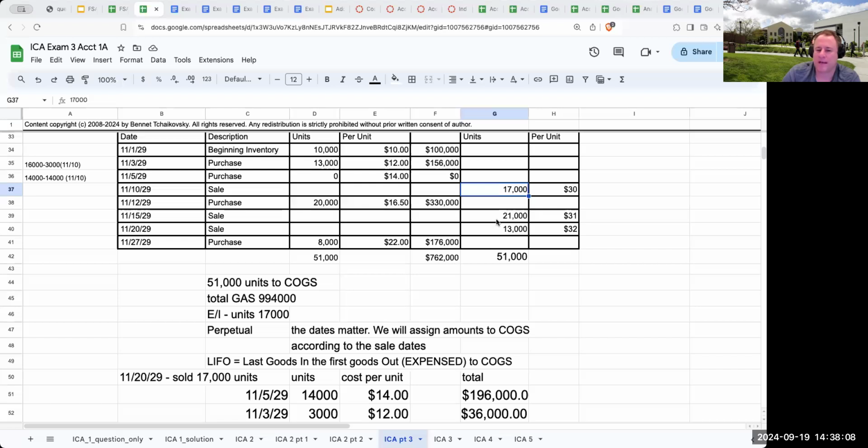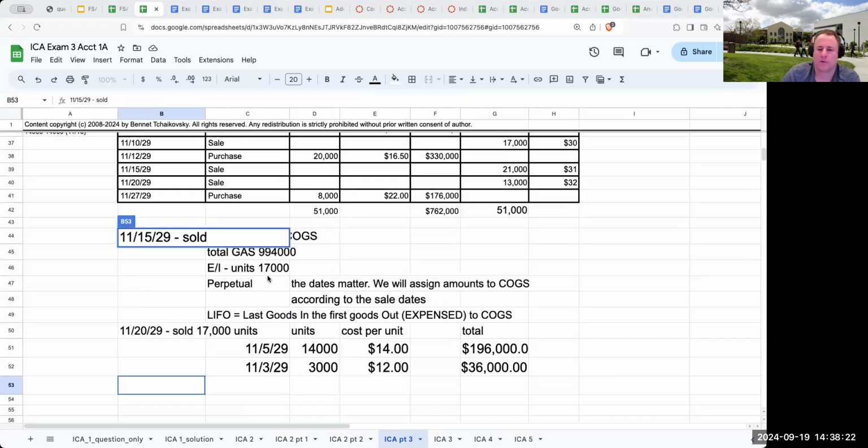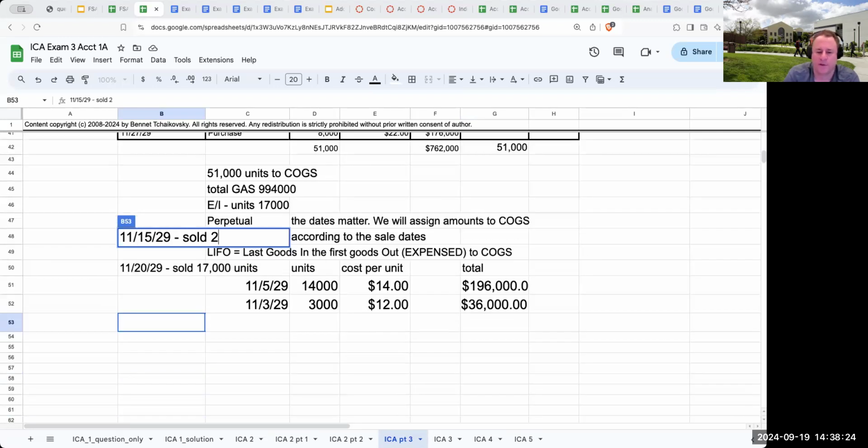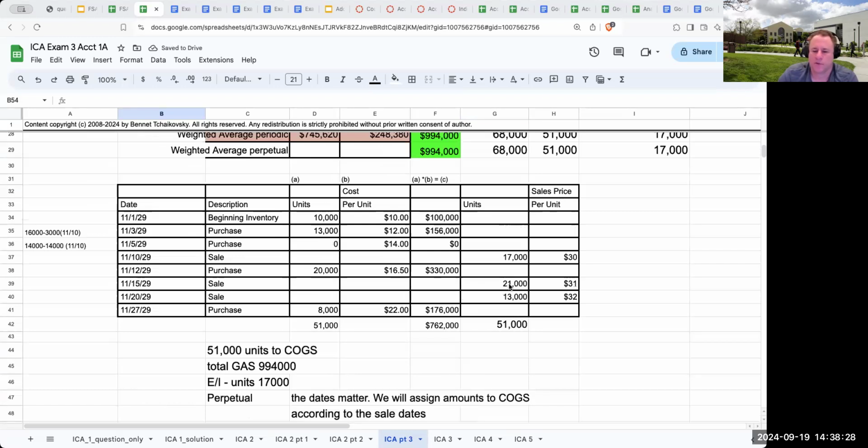Okay, now I go to my next date of sale. My next date of sale is on 11/15. Here I sold a total of 21,000 units. Okay, so last in, first out. The last units in are the first expense to cost of goods sold.